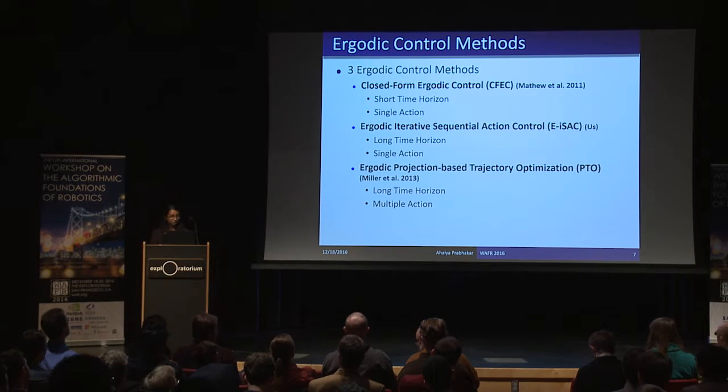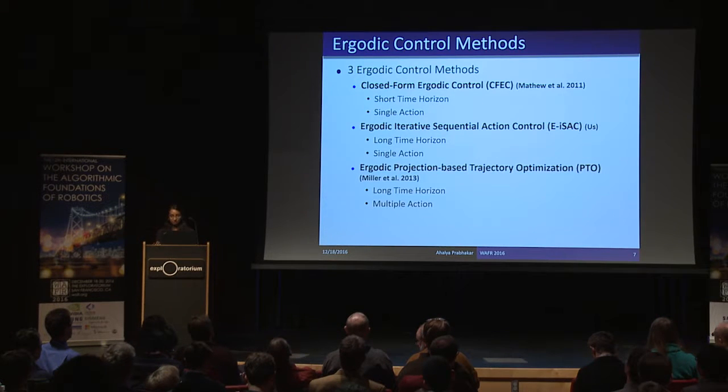The second, which was generated in our lab, uses a longer time horizon that also calculates the next single action to improve the ergodicity. And the final is a more standard trajectory optimization method that not only characterizes it over the long time horizon, but is over the full control trajectory over the full time horizon as well. Given these three comparisons, we then wanted to see how they tackle the same task.